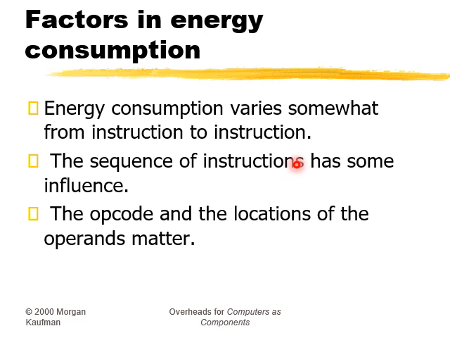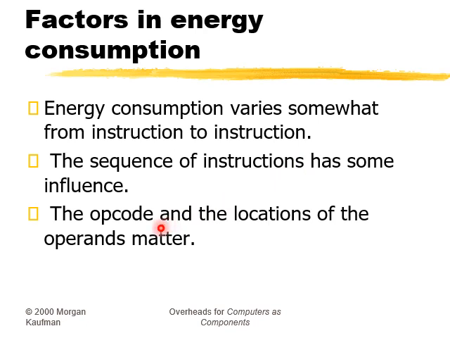If we have some instruction earlier and some instruction afterwards and we swap those instructions, we will definitely have a change in energy consumption. So we need to arrange the instructions in a sequence that minimizes the energy consumption.